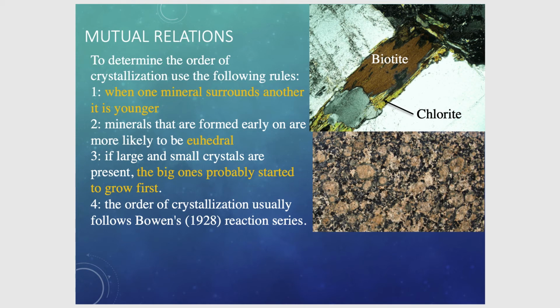So larger size and very well developed phenocrysts tend to come first, and then the remaining space is filled with anhedral minerals. In this case these are mafic minerals, which could be either amphibole or pyroxene. So if large and small crystals are present, usually the big ones will be the first ones. So the size and the euhedral nature will help you in discussing the relative age.